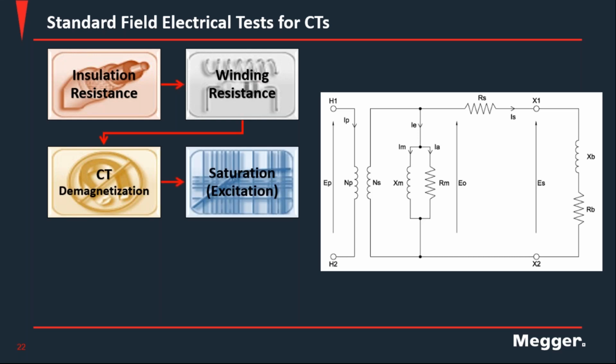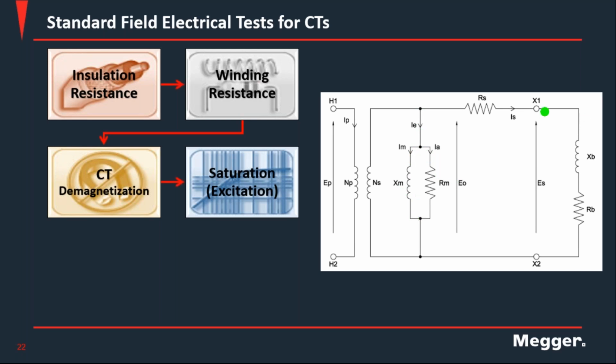After you have the CT or the instrument transformer demagnetized, you can perform the excitation test. And the purpose of the excitation test is to, of course, understand the condition of this section of the instrument transformer, of the core and the magnetizing, the inductive part of the transformer.